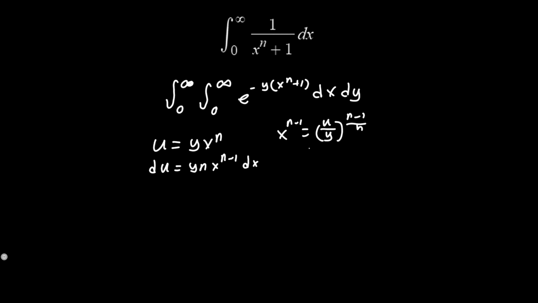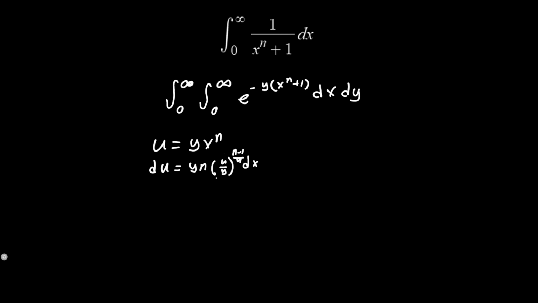And now what we have is pretty much everything in terms of u, y, and n. So I'll just replace x to the n with what we already have. And we will have u over y to the n minus 1 over n. So we got rid of all the x's, which is very nice.